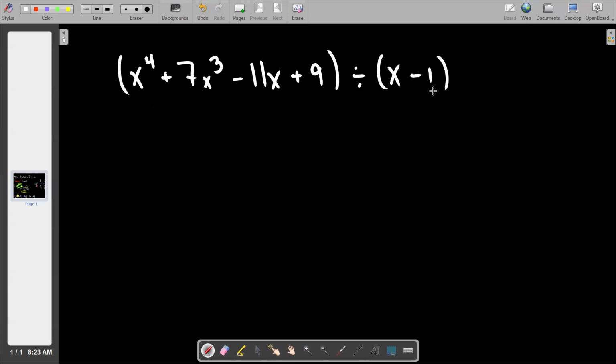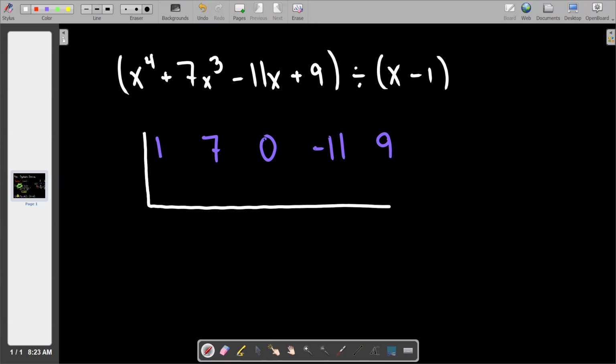I'm going to write the purple numbers myself this time. I'm not even going to ask for your input. Here it goes. The purple numbers are 1, 7, 0, -11, and 9.